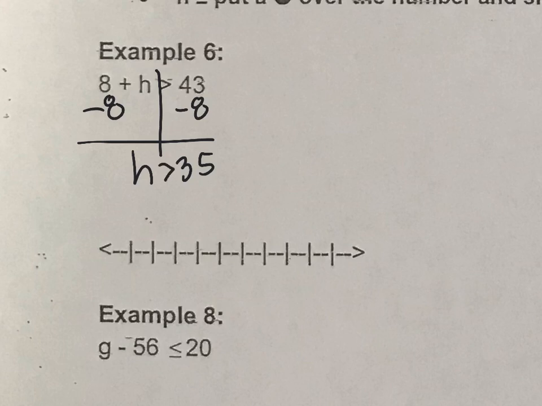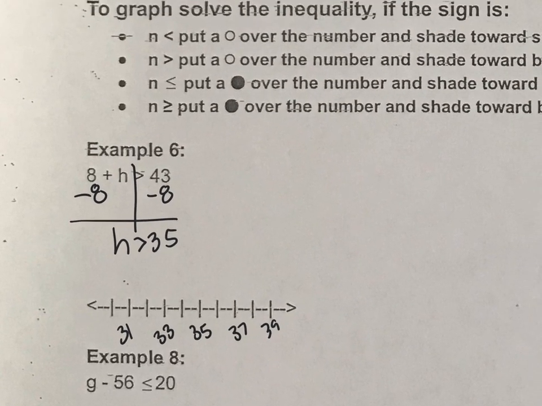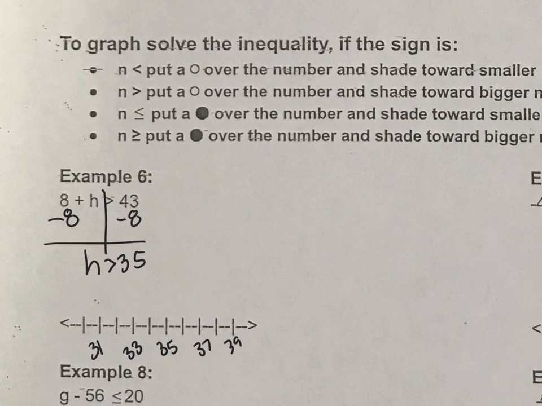So we're going to come down here and make a number line, and we're going to say, this is 35 right here. 37, 39, 33, 31. And here it tells us open dot. It doesn't include that number. So we're saying H is greater than 35. Does it include 35? No, so we're going to put an open dot on 35.